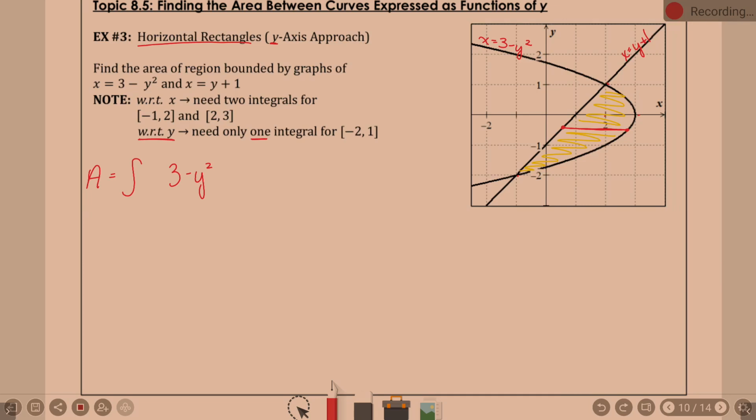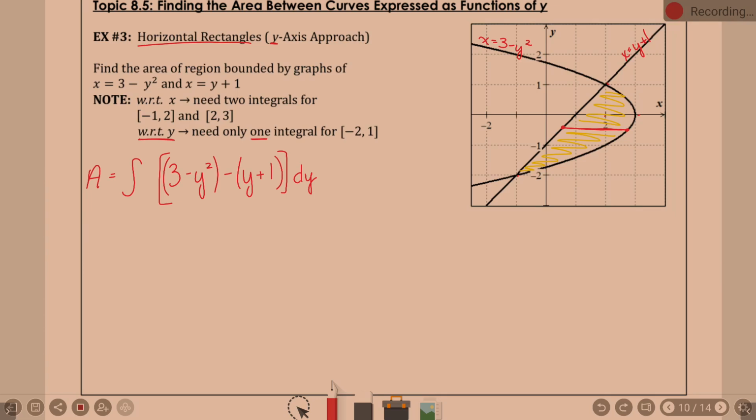Because we're doing right minus left, we're keeping this in terms of y. Okay? And then minus, what's my left curve? The y plus 1. So we're going to do 3 minus y squared minus the quantity y plus 1. Notice everything was x equals, it's all in terms of y. So there's our integral dy.